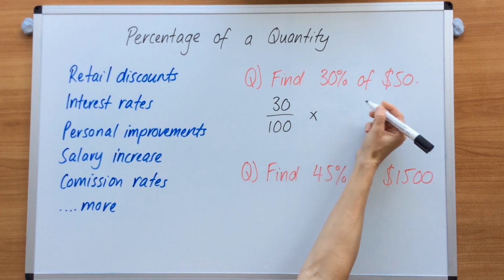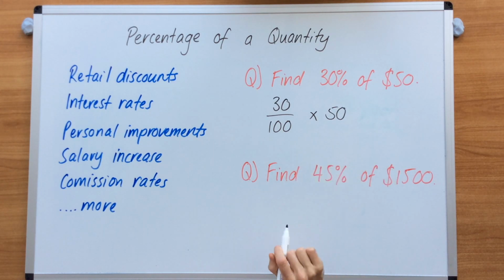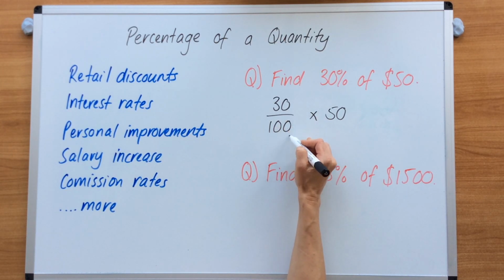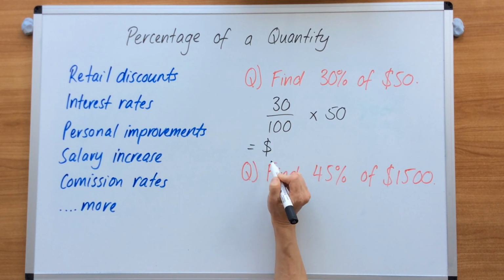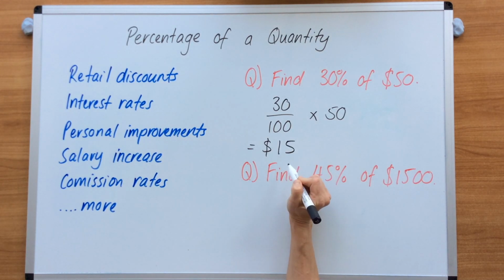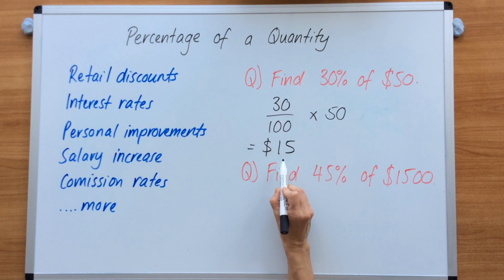And we multiply it by the cost, or the amount you're being given, I should say, of $50. Okay? So in your calculator, you will punch in this. You will go 30, ABC fraction button, 100 times 50. And the answer to that, written in dollars, is 15. Okay? So you're finding the fact that 30% of $50 is 15.